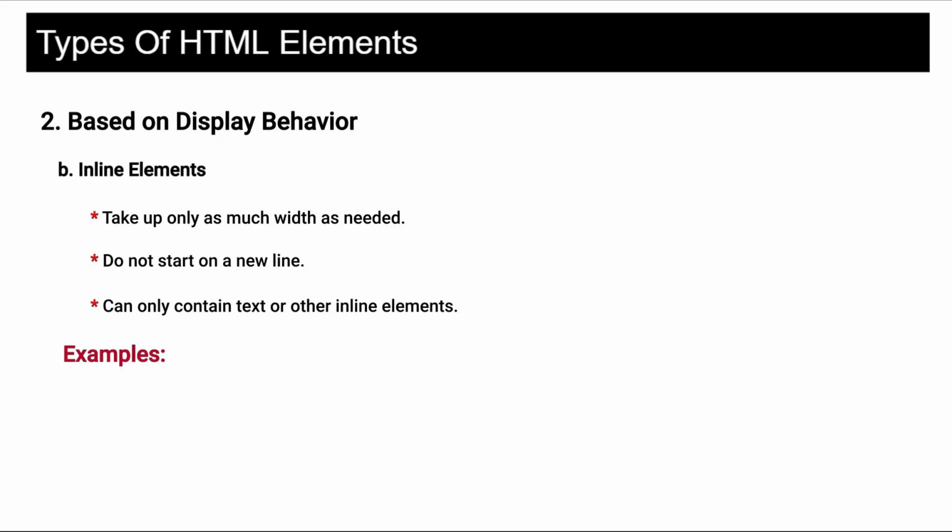And examples are the span, the A tag, the strong, the EM tag, the image tag, and so on. So these elements, they just take the width they need. They don't expand the whole width, and they can also stay on the line with others.